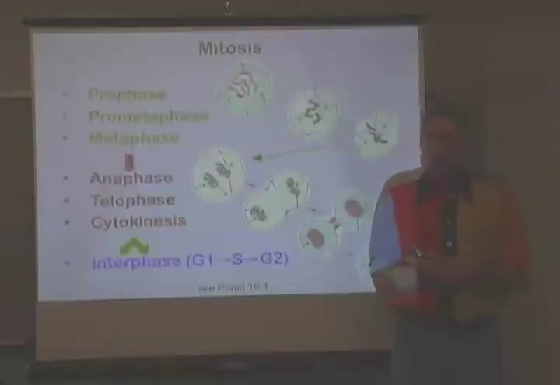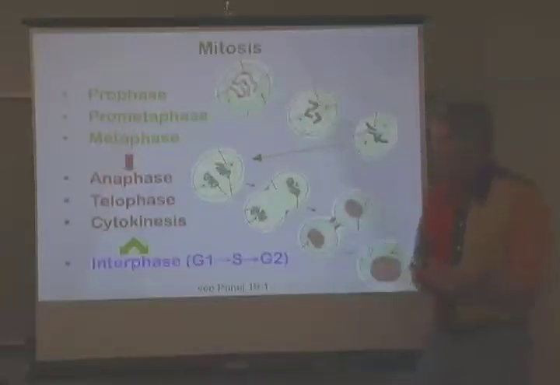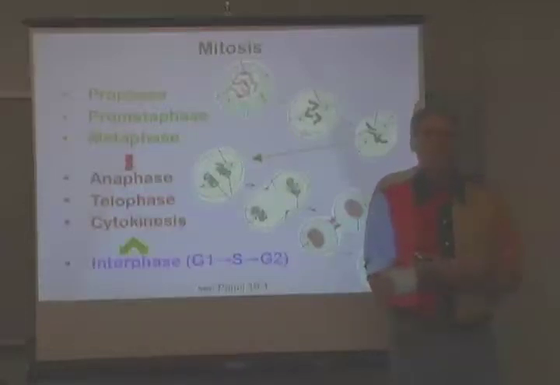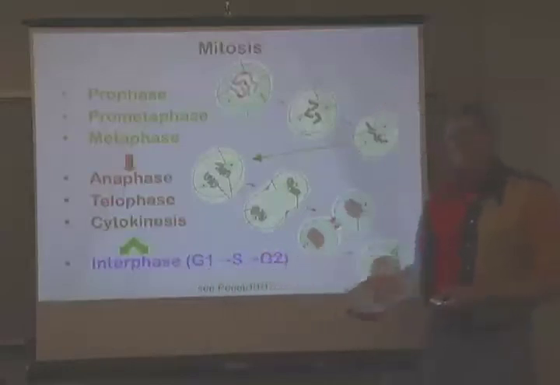If you've studied biology in high school, you've gone through mitosis, and there's a really good diagram in your book that explains all these different phases. I probably don't need to go through them in gruesome detail. Prophase, prometaphase, metaphase to anaphase, telophase, cytokinesis, interphase. The cell cycle, G1, S, G2, all that stuff is interphase.